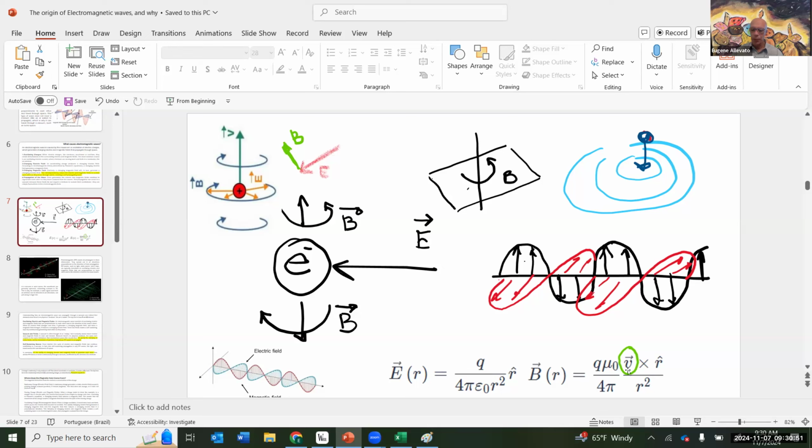And the magnetic field, you see, depends on v, the velocity, so the electric field does not have that component. So a charge that is not moving has an electric field. But once I start moving up and down, applying some velocity to it, then the magnetic field is generated.